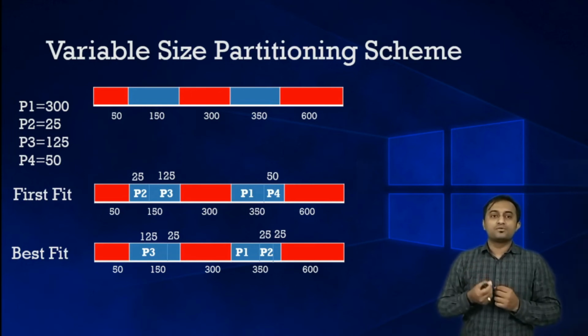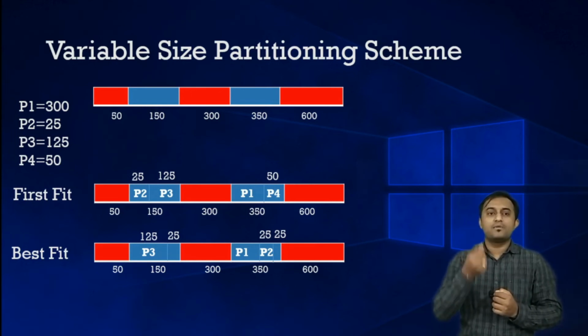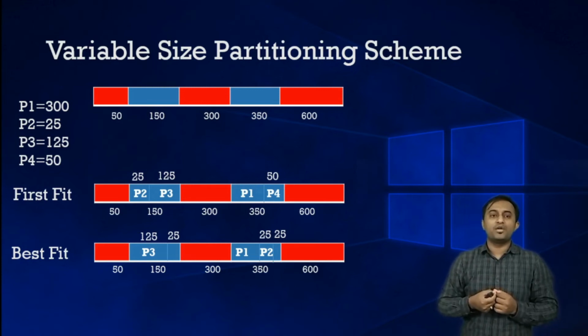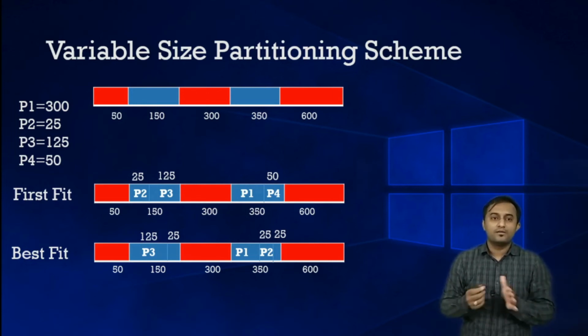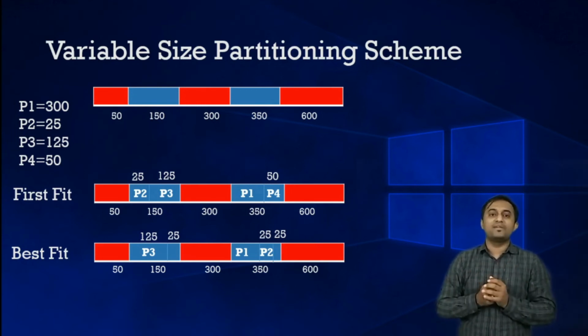So suppose we consider the same requests P1, P2, P3 and P4 in the case of the best fit algorithm as well. P1 requires 300 KB. So how will best fit work? Once P1 arrives, best fit will scan all the available memory slots.